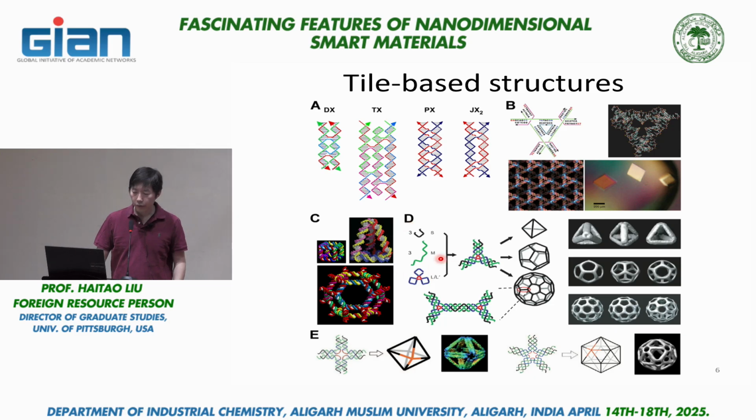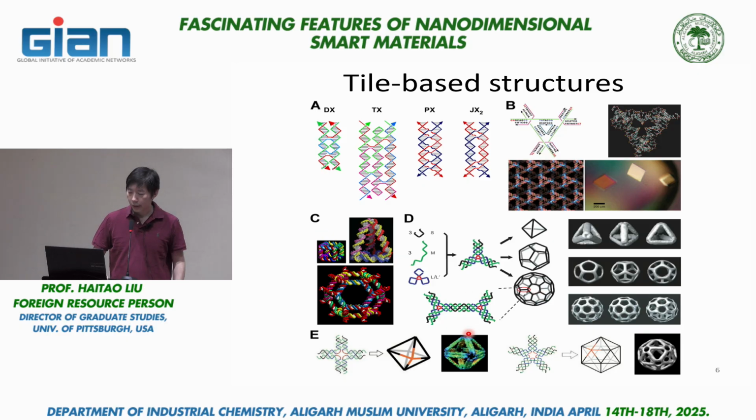You can use this fundamental building block to create an intermediate scaffold, and the intermediate scaffold would recognize either themselves or another scaffold, and by doing that you can create polyhedral structures, on the order of several nanometers or several tens of nanometers.